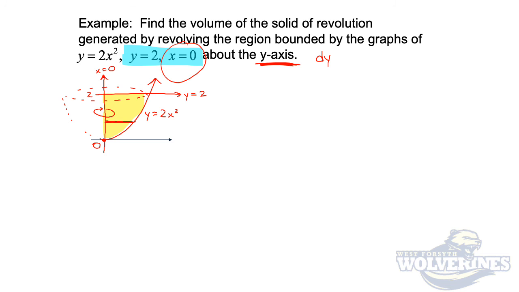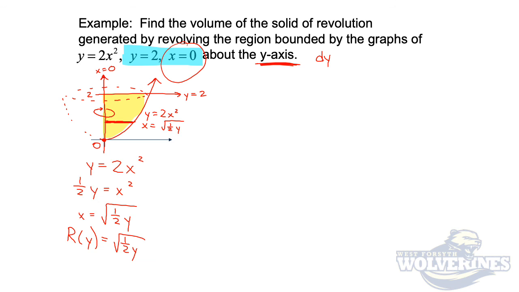But also, we have this y equals 2x squared, and we need that to be in terms of y, because again, this is a dy scenario because of a vertical axis. So I'm going to take that 2x squared and I'm going to solve it for x. Divide both sides by the 2, take the square root.